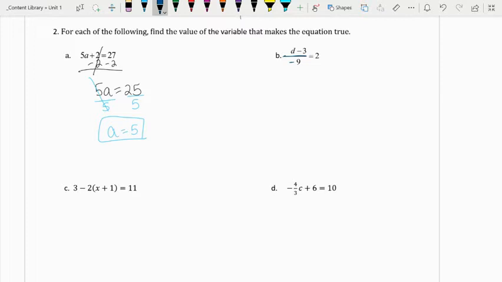In this case, I want to get rid of that -9 now, so I'm going to multiply, seeing it's being divided right now. I'm going to multiply both sides by -9, so we're left with d minus 3 equals -18. The only thing left to do from here is add 3. So d would equal -.